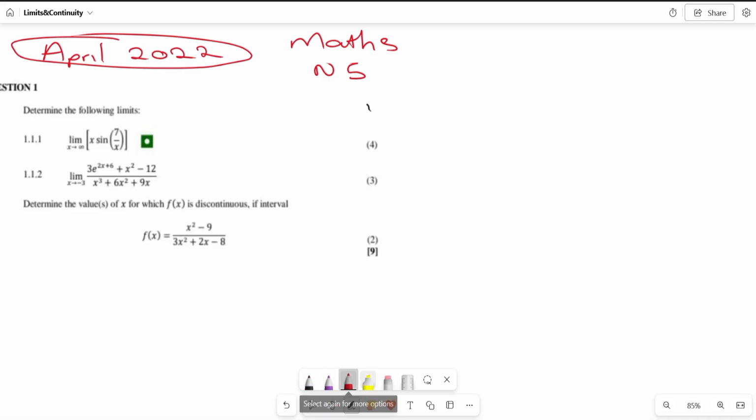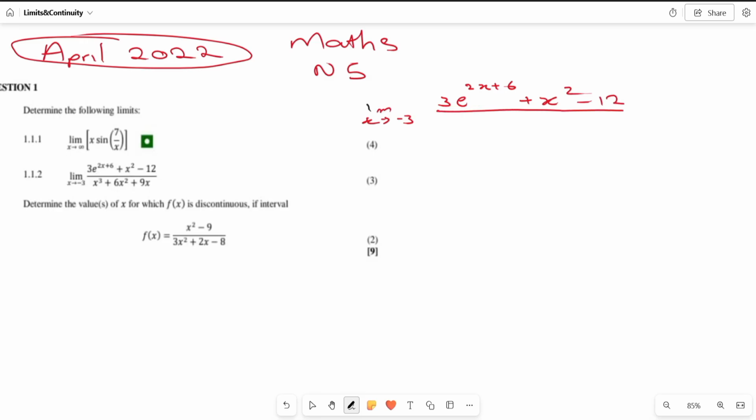We've got the limit as x approaches minus 3 of 3e to the power 2x plus 6, plus x squared minus 12, and we are dividing all this by x cubed plus 6x squared plus 9x.